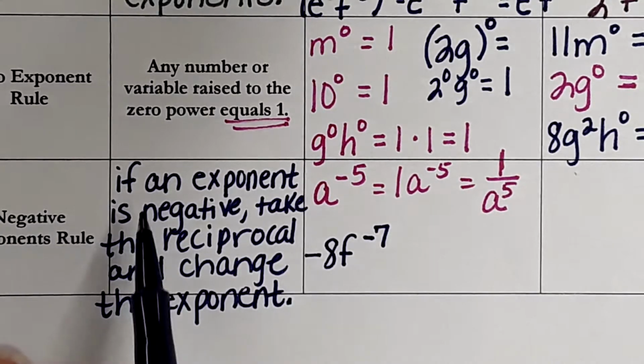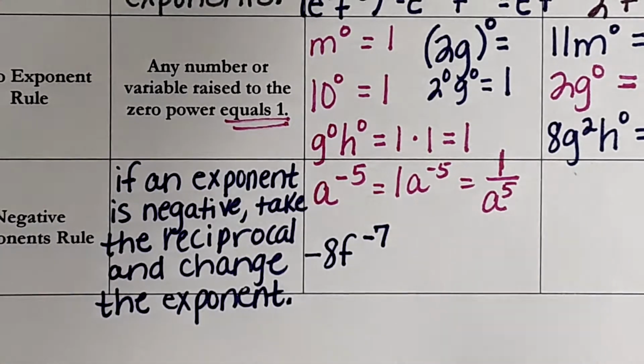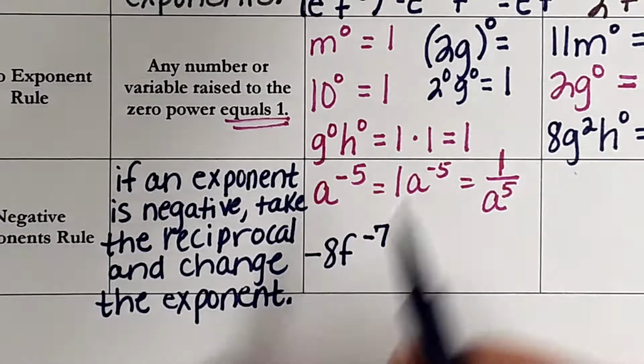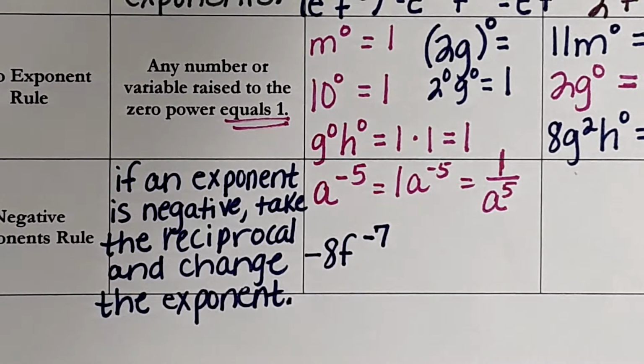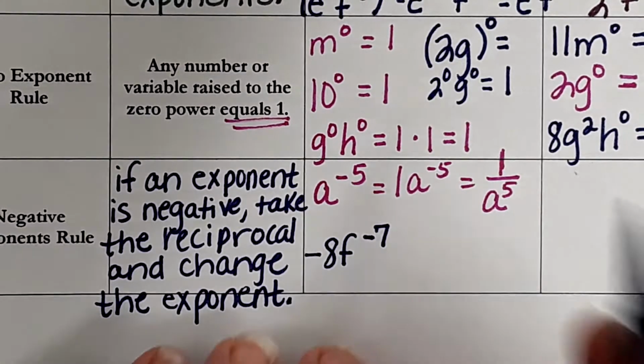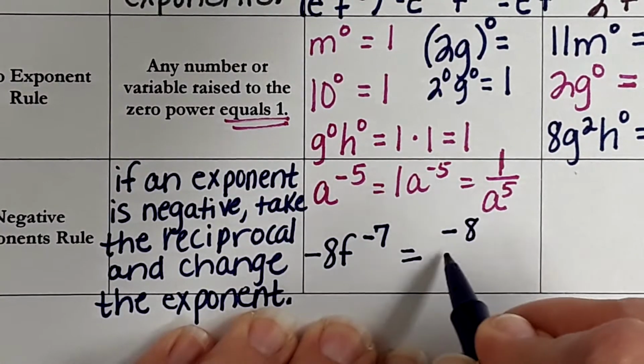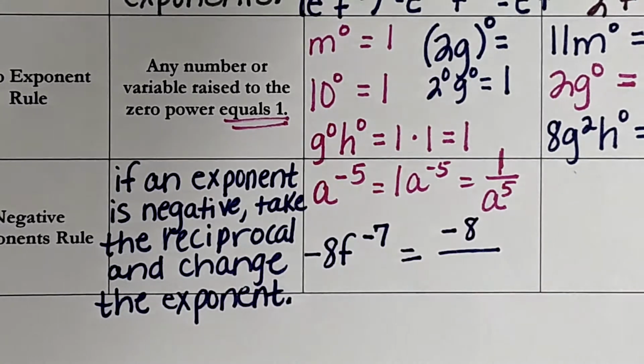Look what it says. If an exponent is negative, does it say anything about the coefficient? No. The only thing that's negative is the exponent. So negative 8 is perfectly fine where it's at. Right now it's in the numerator of the fraction, above ground, so it's going to stay there. The f, on the other hand, is being raised to that negative 7th power.